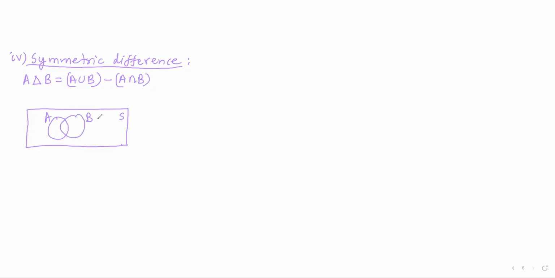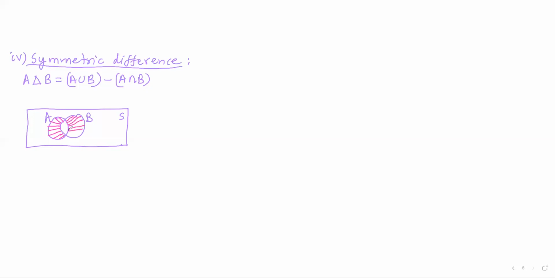Now, A union B means the whole part of A and B. From this portion, you have to subtract the common portion, that is A intersection B. Then the remaining part of A union B is this side portion. If you subtract A intersection B from the union part, then this will be the remaining part.